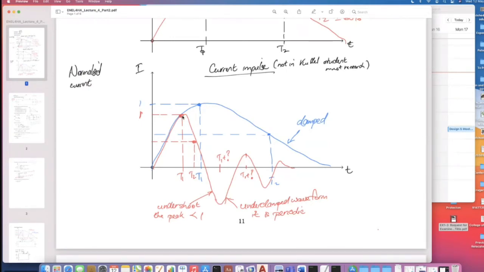So it's the peak time for T1 and the time to 50% for T2. This part here is called an undershoot. The undershoot also has a peak, and it's always less than the first peak. Subsequent peaks will also be less than the previous peak.